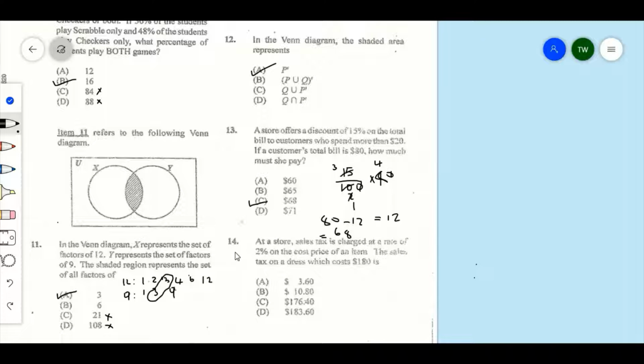Now to question 14. At a store, sales tax is charged at a rate of 2% on the cost price of an item. The sales tax on a dress, which costs $180, is, now we know that the sales tax charge is going to be 2%, and 2% is the same thing as 2 over 100, right?